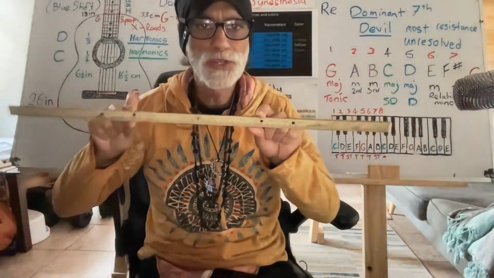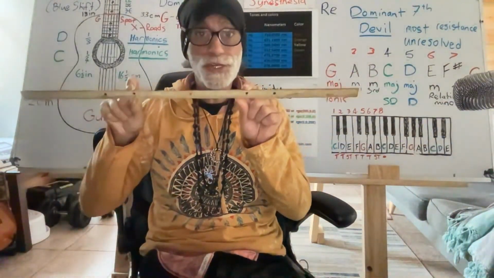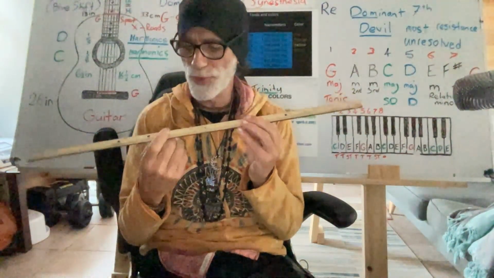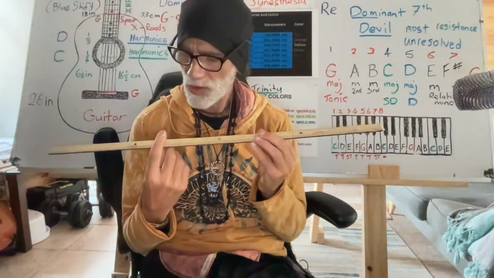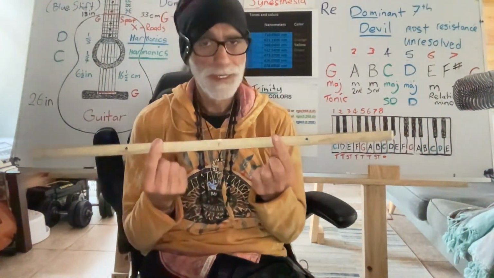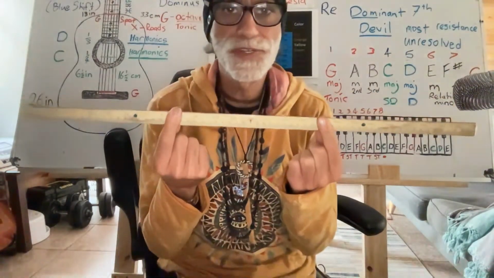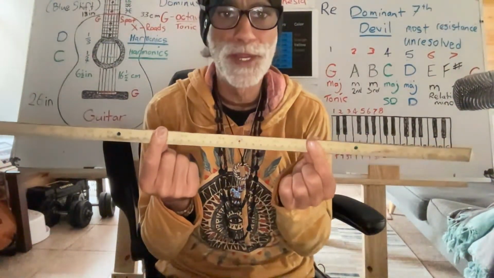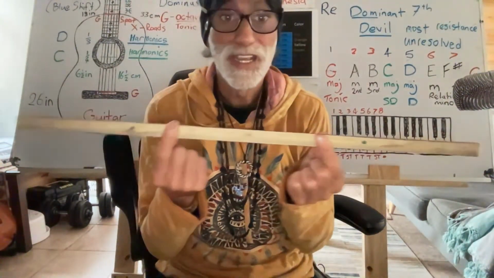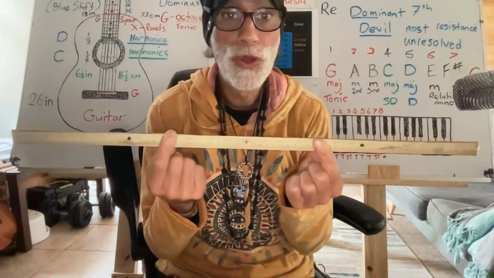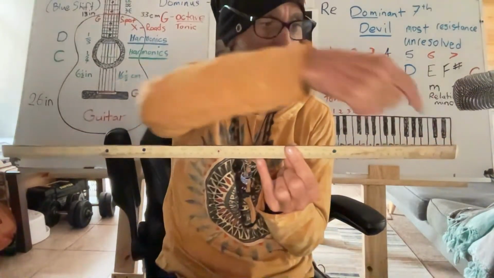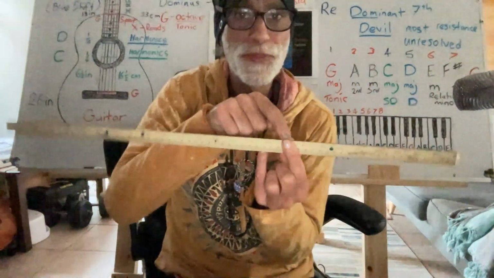As you can see clearly, I'll cover the dots. You can see that that is now a third of the string. Well, that's where you're going to find the dominant. If the string is that long, then you have to go to the third of the string and you'll find the dominant chord.